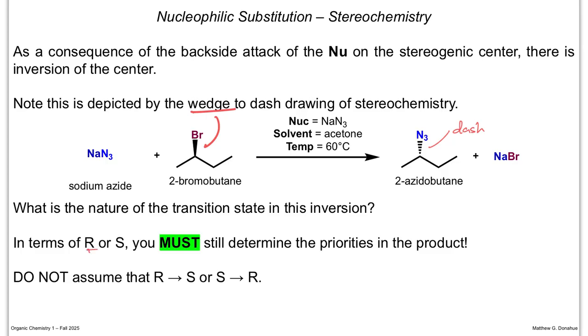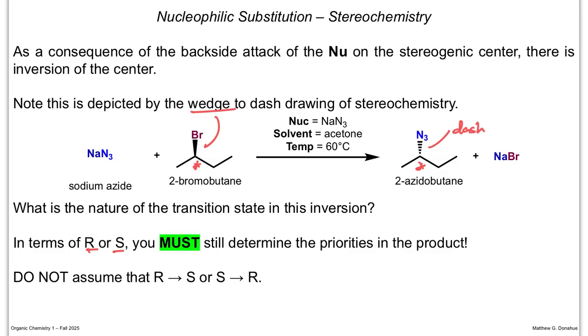That's the R and the S that we assign to the carbon that's bearing the 4 different substituents, and then we use the atomic numbers from the periodic table to assign priority.